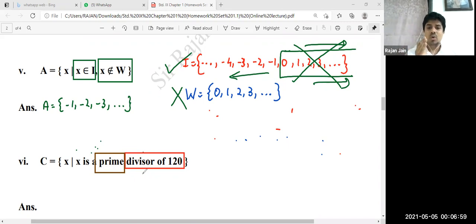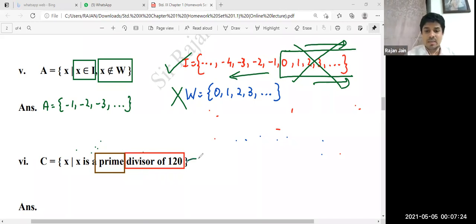So 1, 2, 3, 4, 5, 6 are divisors; 7 is not a divisor. Going ahead, 8 will be a divisor, 10 will be a divisor, so on and so forth. There will be many divisors. But what are they asking us for? They are asking us only for prime divisors, meaning my numbers should be prime numbers.